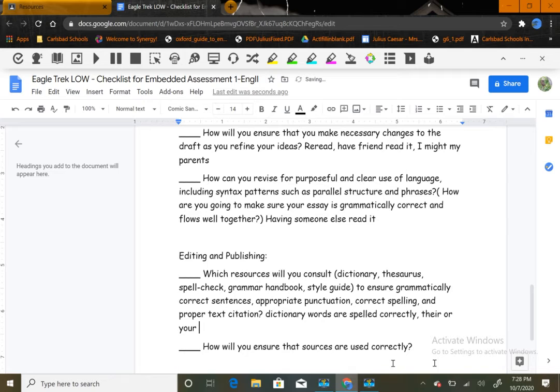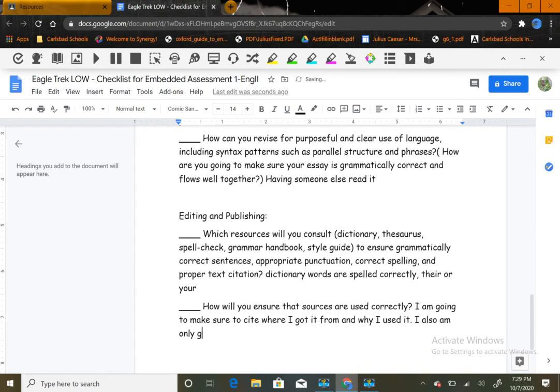Okay, and how will you ensure that sources are used correctly? Okay, you shouldn't have any short sources, but if you do, I am going to make sure to cite where I got it from and why I used it. Okay, I am only going to use one sentence, not a paragraph, not a whole page.